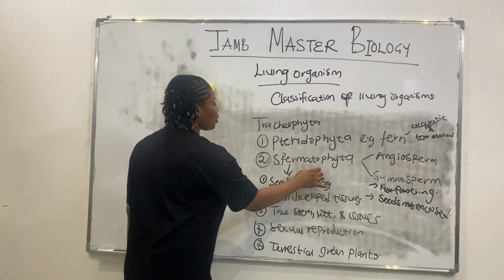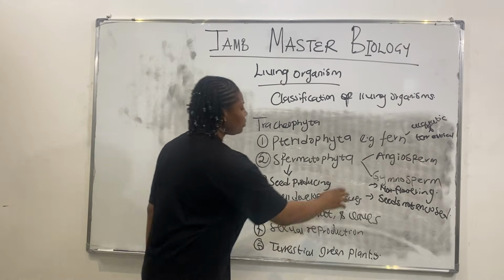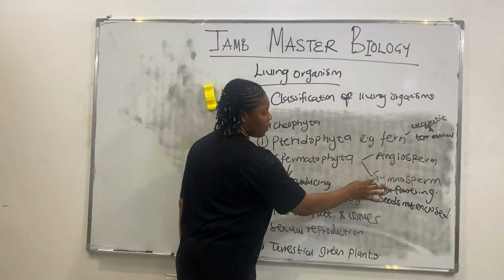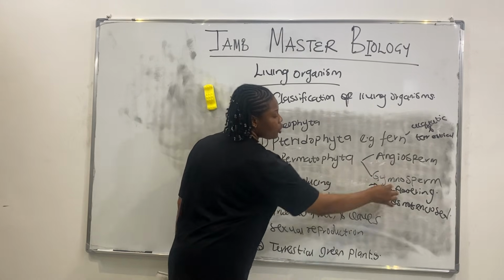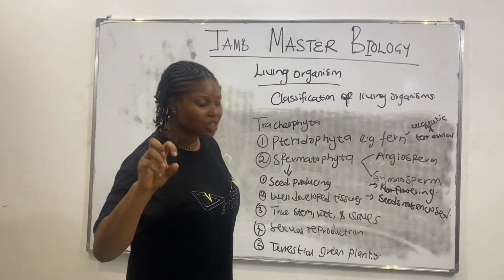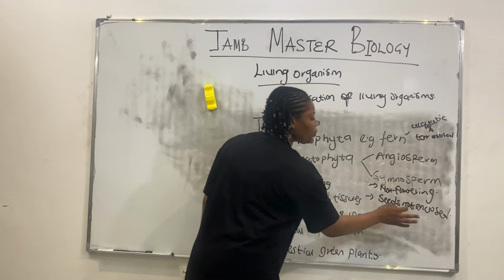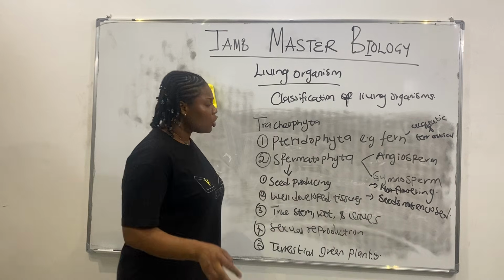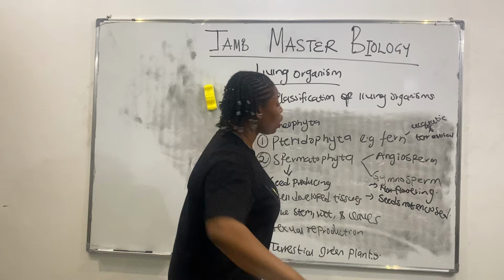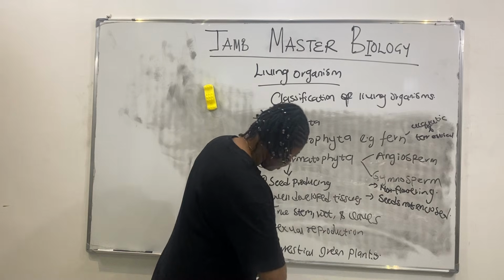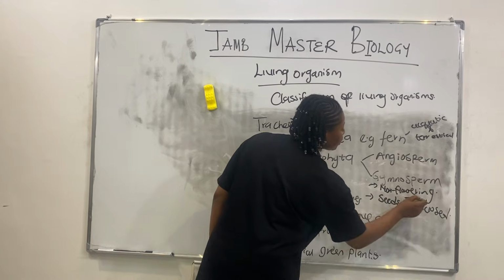So these spermatophyta are divided into angiosperm and gymnosperm. And these gymnosperm are vascular plants, which means that they are trees that have seeds but do not produce flowers. They have seed, but their seeds are not enclosed, and they do not produce flowers.